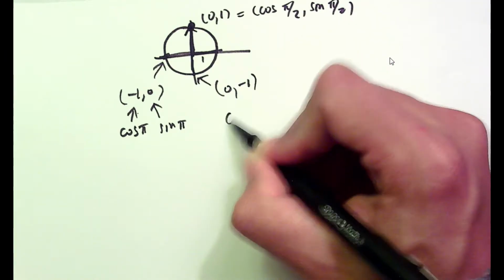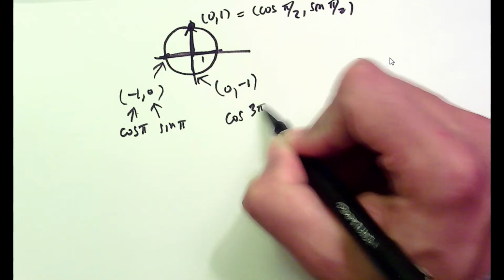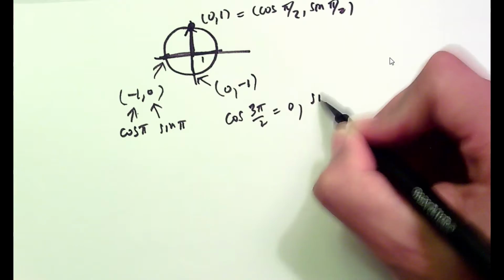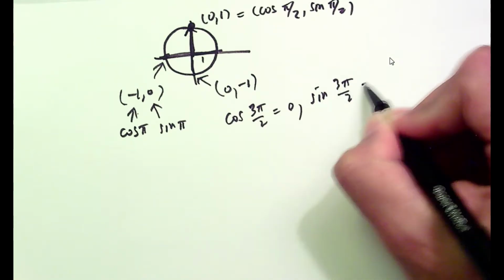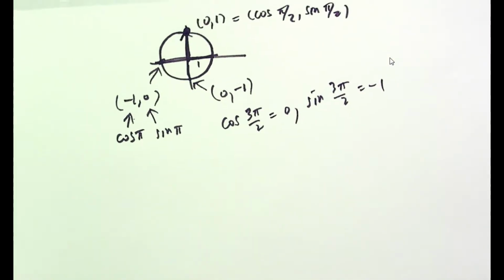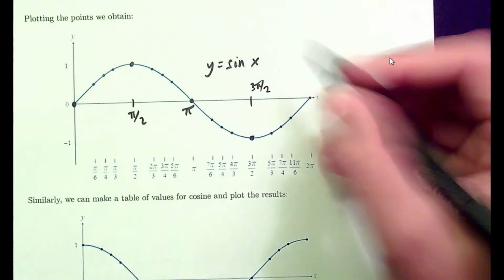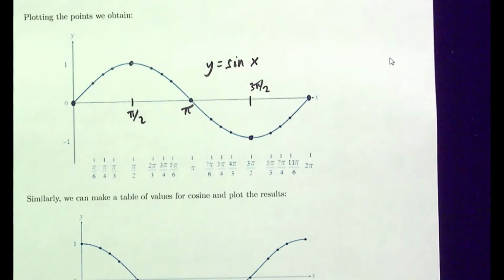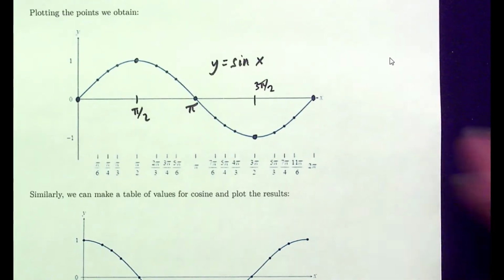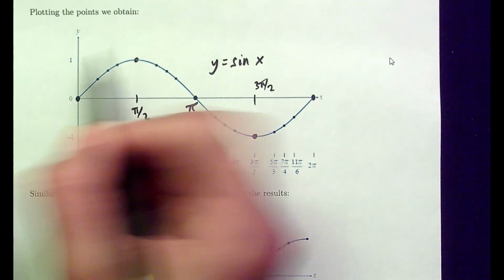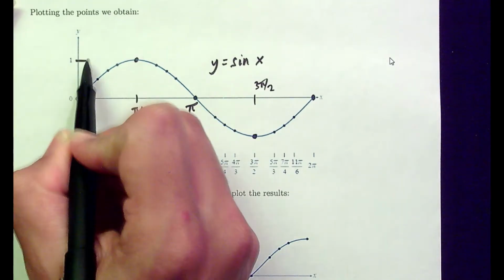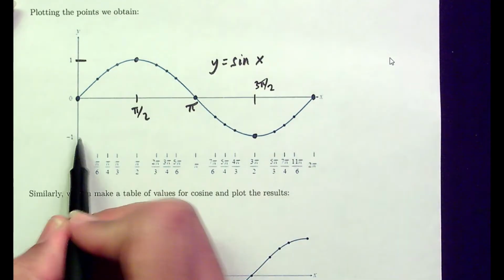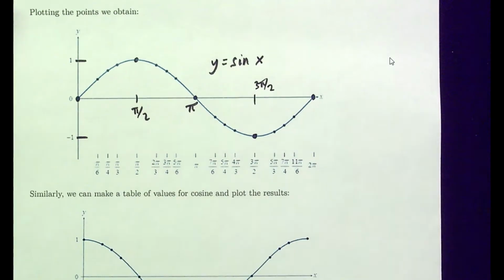So the cosine of 3 pi over 2 is 0, and the sine of 3 pi over 2 is -1. And then finally, going back to 2 pi, you get 0 again. So that is the main shape, and that's what you need to remember. It reaches the highest point at 1 and the lowest point at -1.